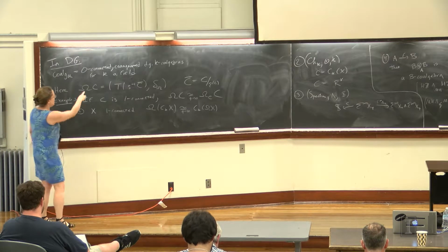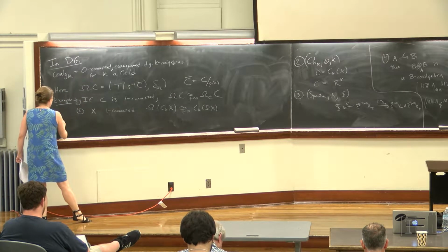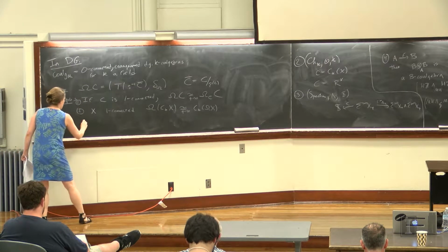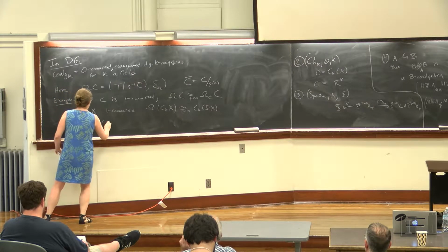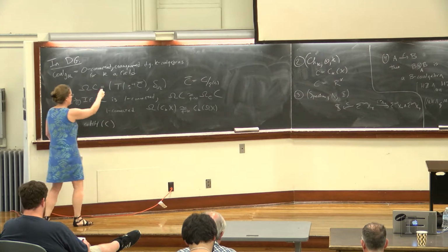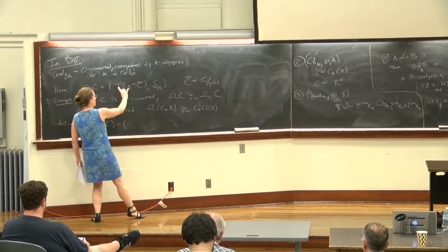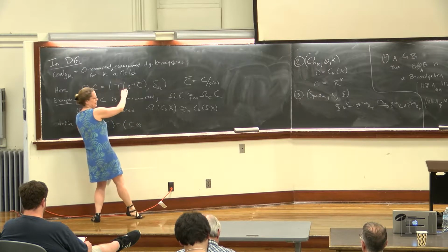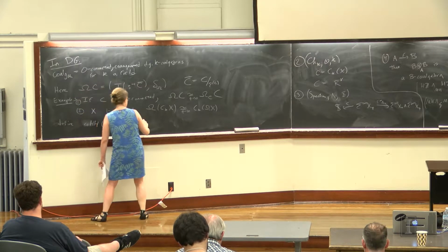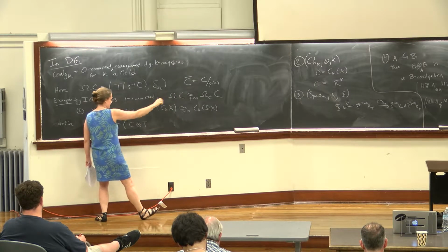Then similarly, I'm going to define co-Hochschild homology of a coalgebra C to be, again, based on this direct sum version, where I need to tensor in an extra C, just like I do for the cobar complex and the cyclic cobar complex.